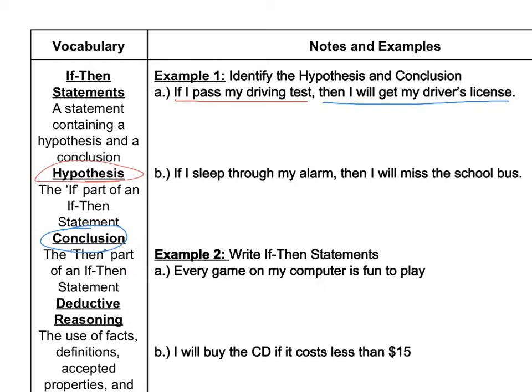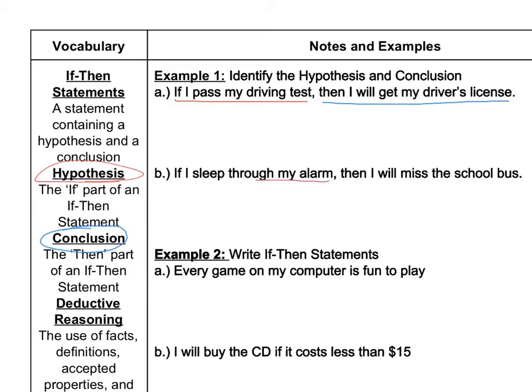All right. So another example could be, if I walk outside in the rain without an umbrella, then I'm going to get wet. Okay, you have a condition, and then you have a result. So for the second one in letter B, if I sleep through my alarm, then I will miss the bus. And again, your hypothesis is the beginning part.